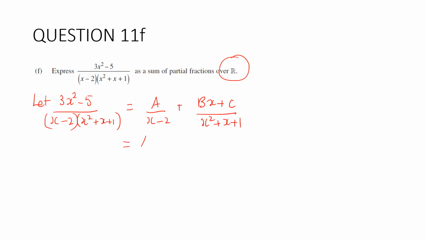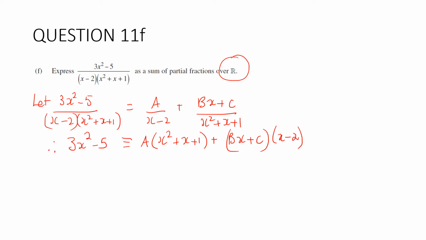And this, of course, is equal to A(x squared plus x plus 1) plus (bx plus c)(x minus 2). Now, for space reasons, I'm going to drop the denominator. Hopefully that's okay. Therefore, this is equivalent.